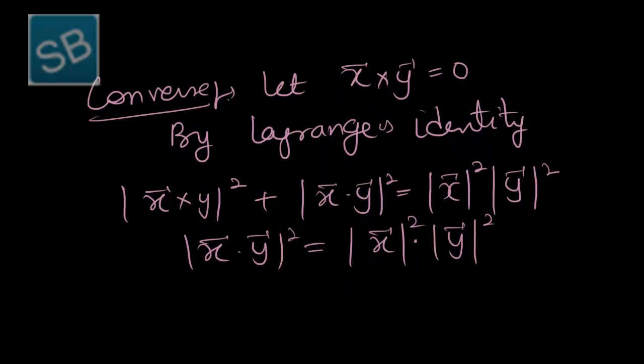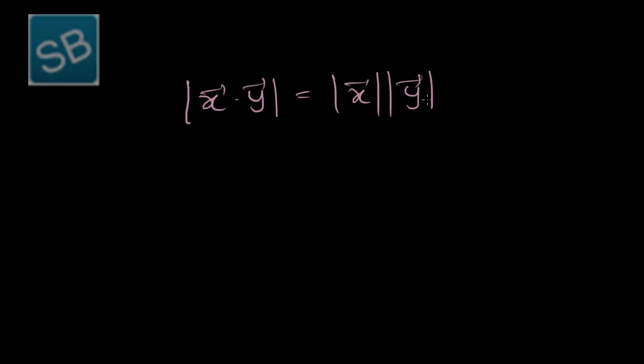Now taking the square root, we get that the dot product with modulus value is equal to magnitude of x times magnitude of y.